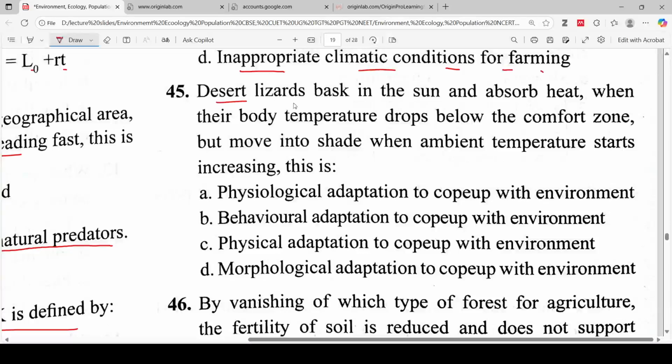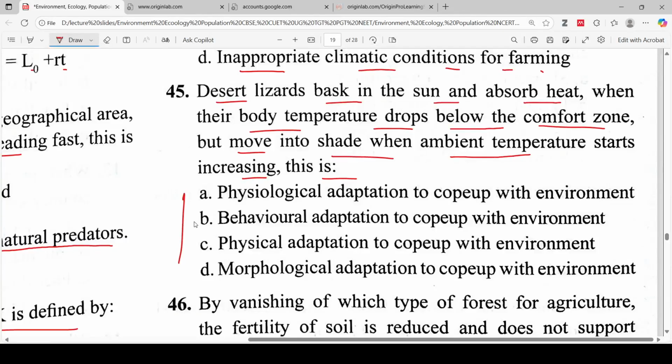Desert lizards bask in the sun and absorb heat when their body temperature drops below the comfort zone but move into shade when the ambient temperature starts increasing. This is so, choose the correct option. I will not read the options. You read the options and choose the correct answer, and I'll tell you the correct answer.